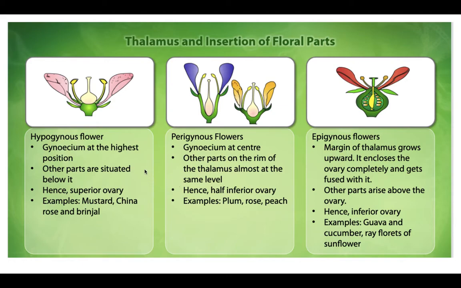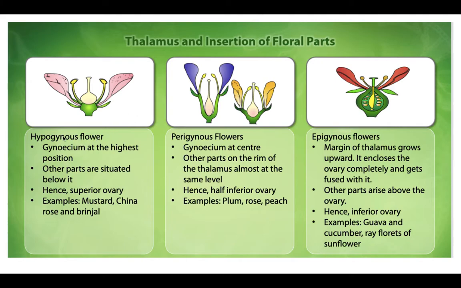Now there are three types of flowers on the basis of the position of the thalamus, and with respect to the thalamus, the other floral parts are positioned in what manner; that can be classified into three types of flowers.